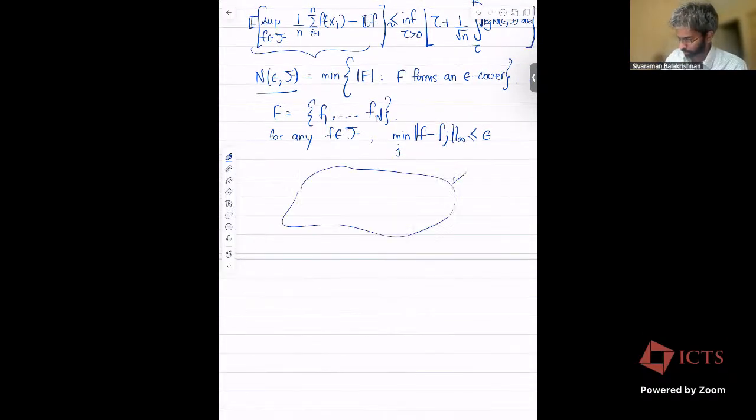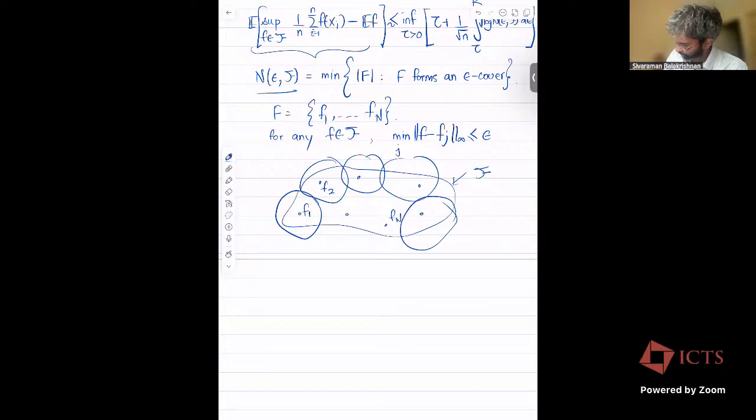If you have some collection of functions, a cover is just some collection of discrete elements, and then you should imagine putting an epsilon ball around each of them. If it's a valid cover, then these epsilon radius balls should totally cover your collection of functions. Okay, so let me just pause and see if people have questions about Dudley's chaining bound.